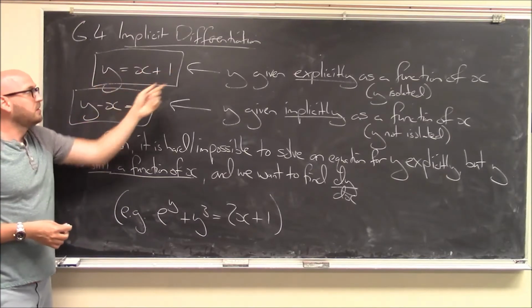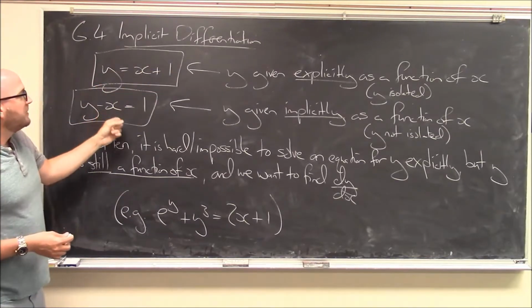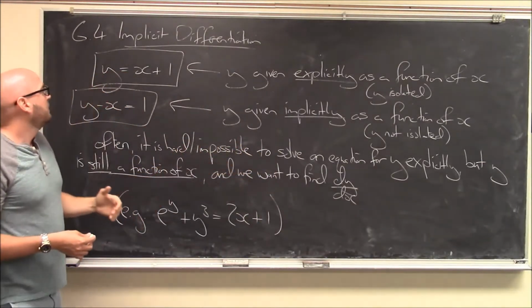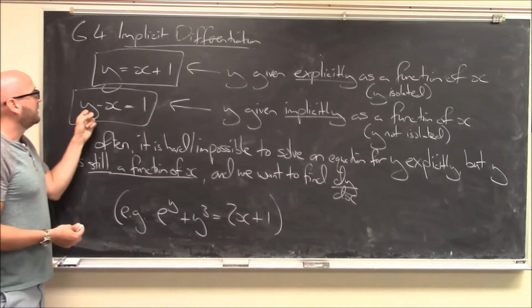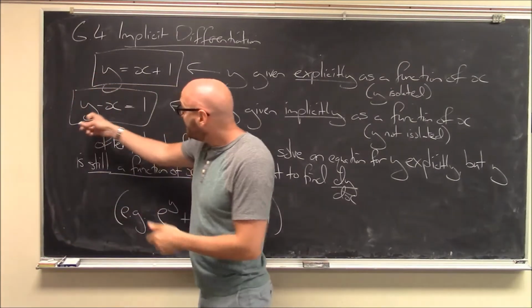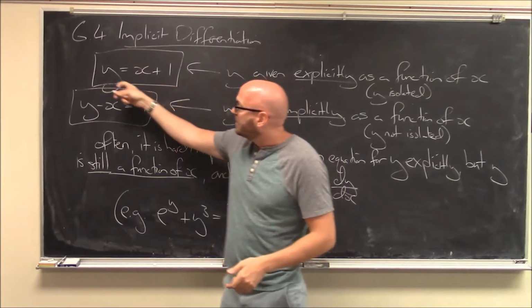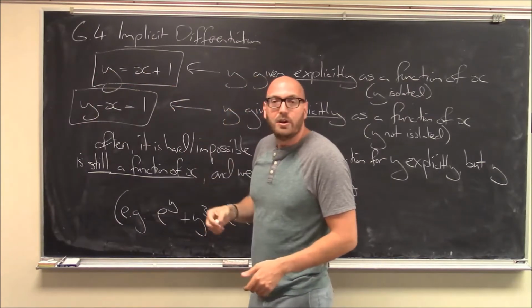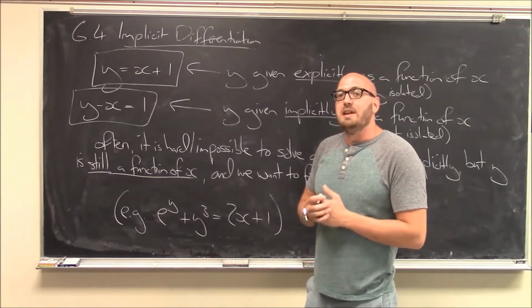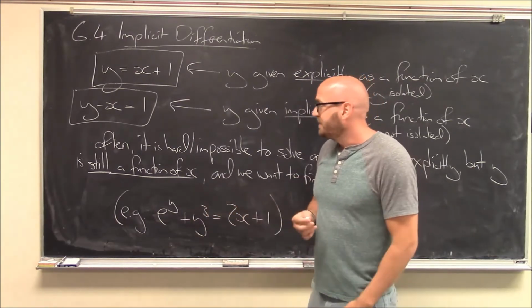If you solve for y, it's still x plus 1. But in this case, y is said to be given implicitly as a function of x. All that implicit means is that y is not isolated. It is true that y equals x plus 1, but because I haven't isolated y, it is said to be given implicitly as a function of x here.